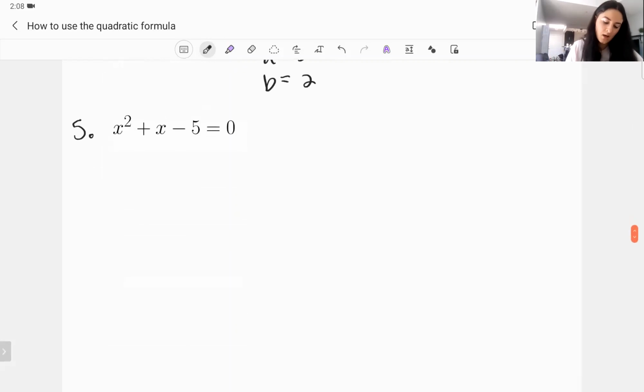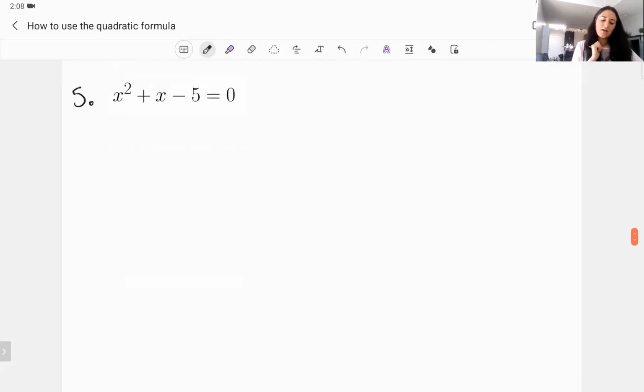And then lastly, this equation right here, x squared plus x minus 5 equals 0. When students go to write what A, B, and C are, they'll get tripped up sometimes because they'll look at this and think, well, there's no number in front of the x squared and there's no number in front of the x. So what do I put? But remember, if there's no coefficient in front of the x squared, what's implied is that there's really a 1 in front of it.